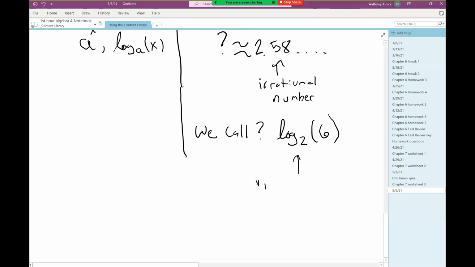This is basically the exponent, the power of 2, that equals 6.